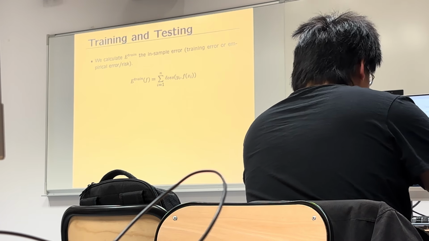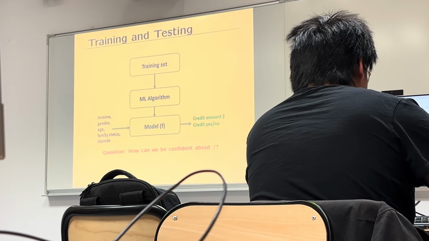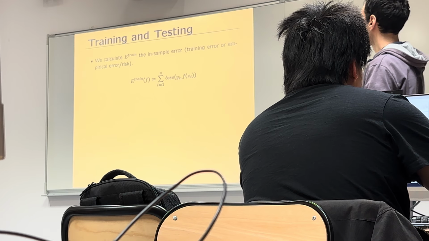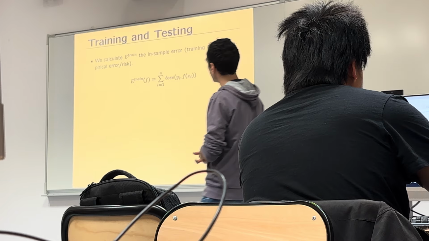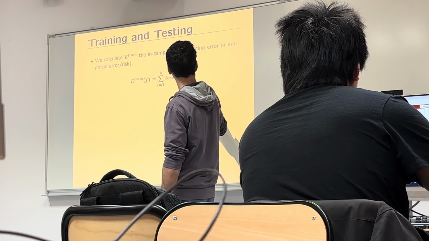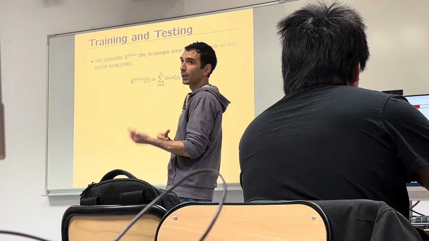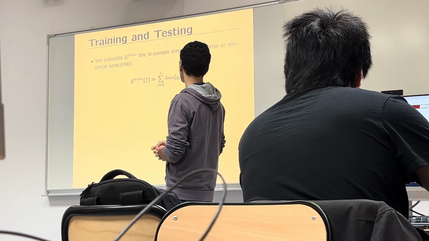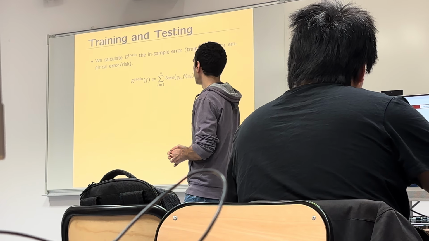How to select the best algorithm? As I said before, we should train the algorithm. When we train the algorithm, we use what we call a loss function or a training error.